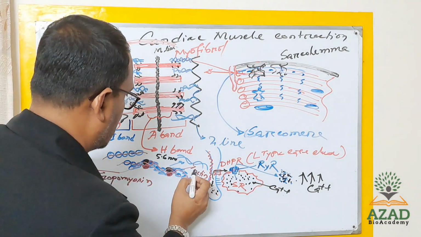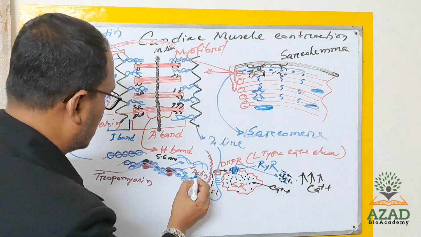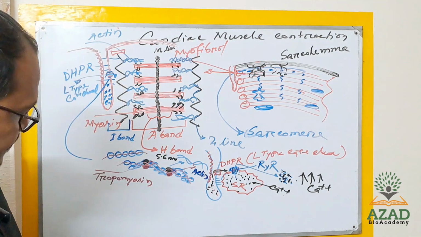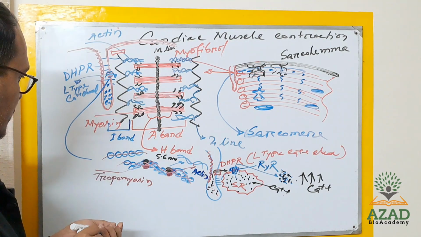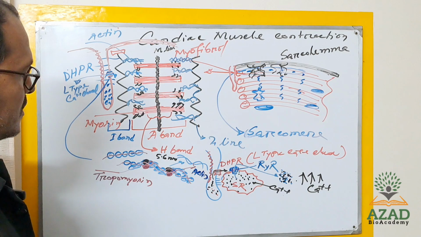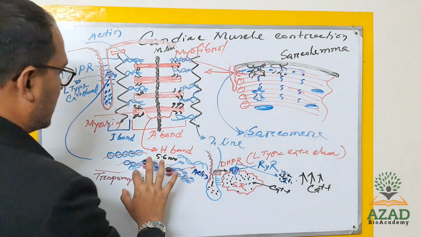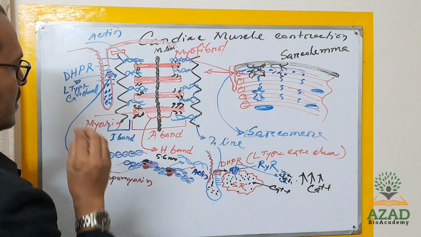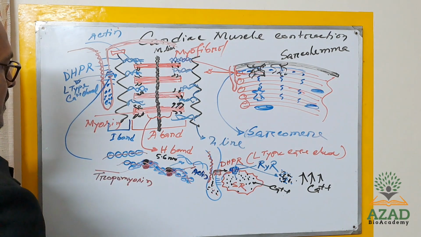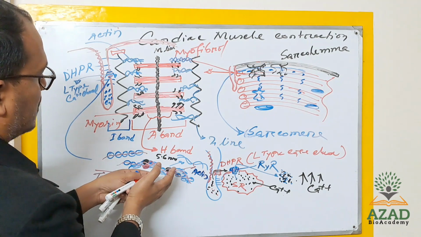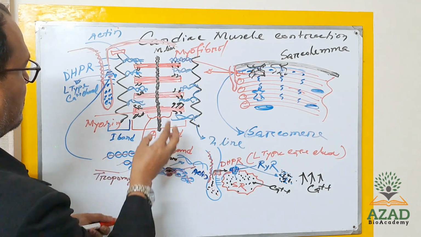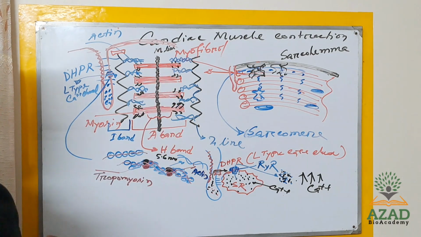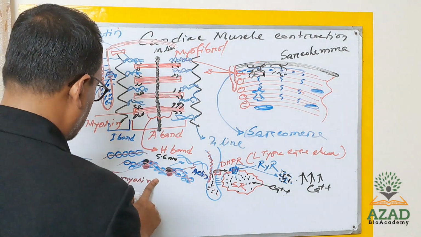We can write in blue color. So this is actin. Now what will happen? Actin is completely blocked by the tropomyosin with the help of the troponin complex. It must bind with the myosin to make contraction. So now I will draw.